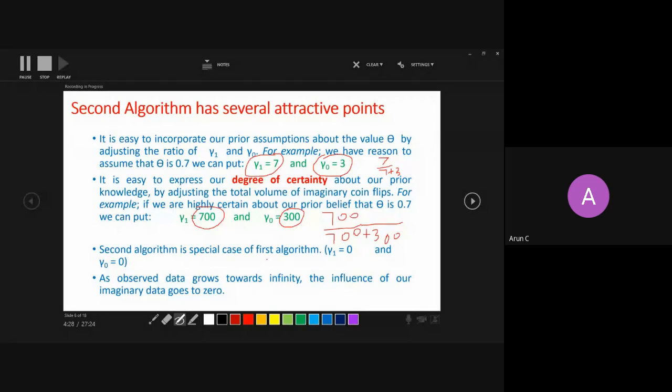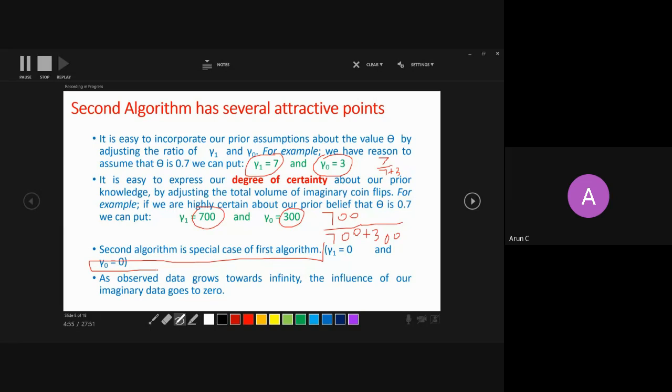The second algorithm is just a special case of the first algorithm where you just don't want to add any belief to the experiment. In that case, you set gamma 1 and gamma 0 to 0, 0, right? The good part of the second algorithm is that if you observe an infinite number of trials, your belief will not affect the true estimation. I will repeat this sentence.